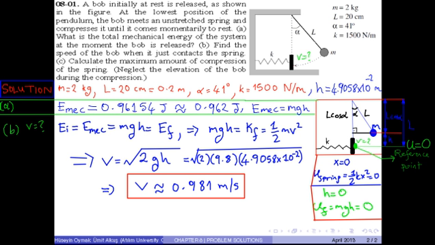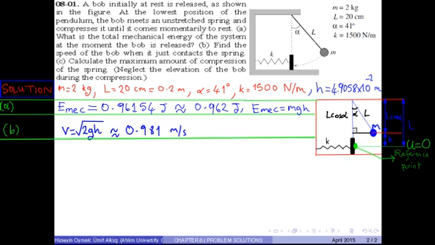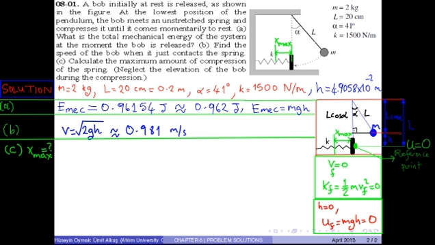Very good. It is time to solve part C. When the spring comes momentarily to rest, it assumes its maximum compression state. If we neglect the elevation of the bob, the gravitational potential energy of the system again is zero. Since all the system is at rest, the kinetic energy of the system is again zero.